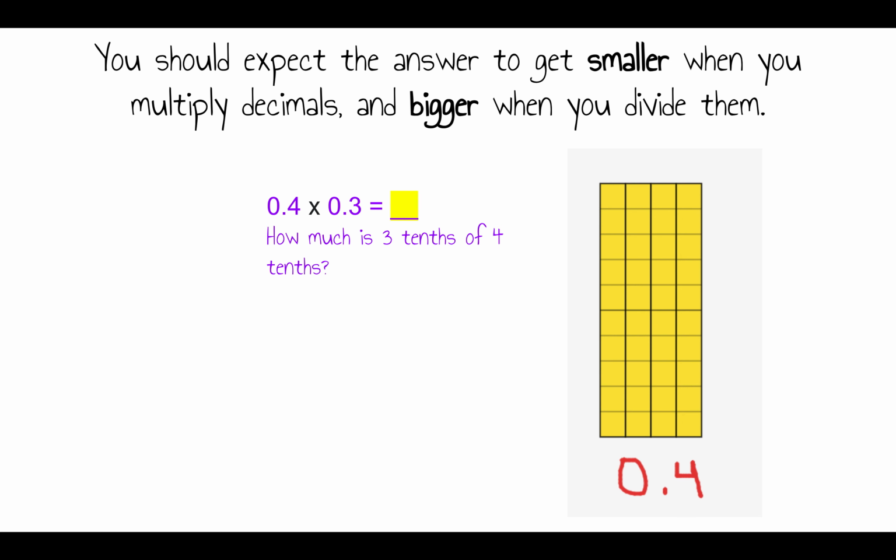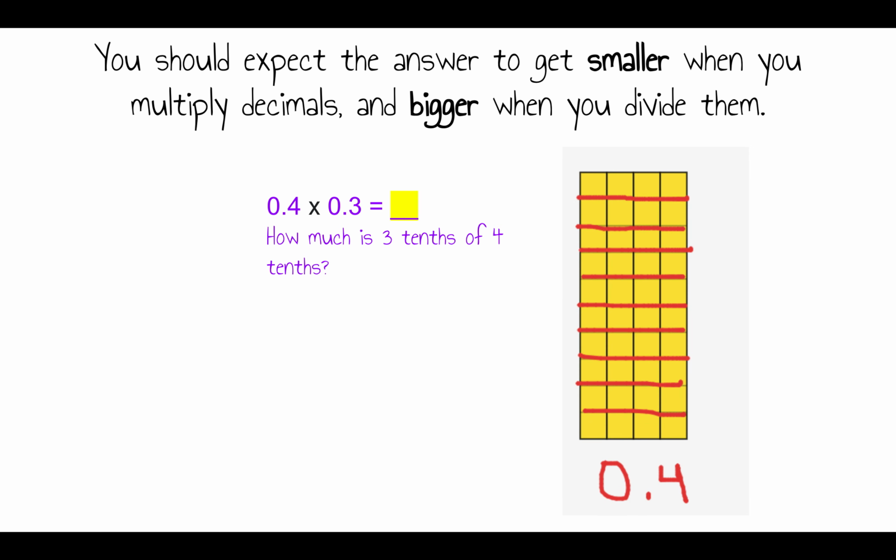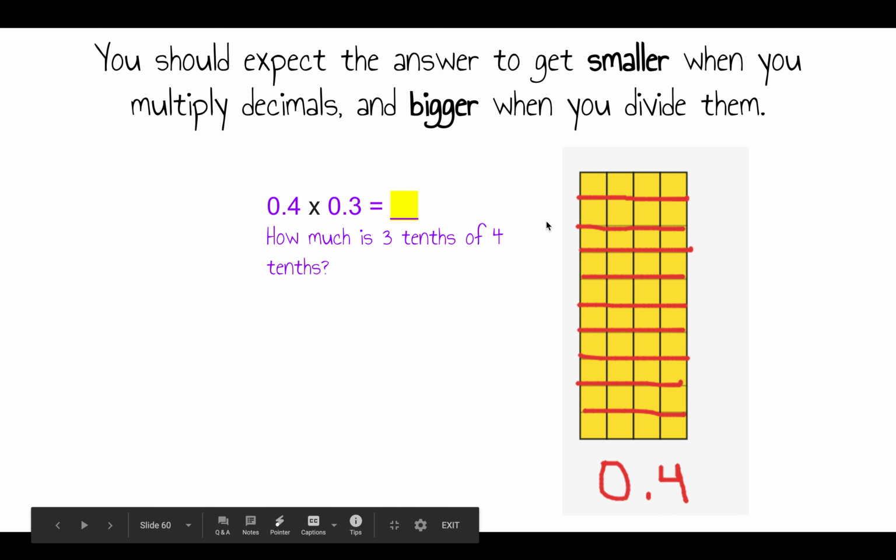We're going to take 4/10 and find 3/10 of it. So before we get started, do you expect that answer to be smaller than 4/10 or bigger than 4/10? Let's see. I'm going to divide this 4/10 I have into tenths.